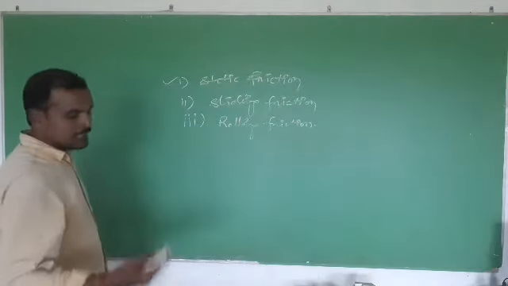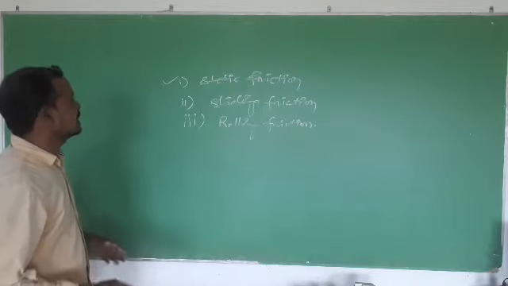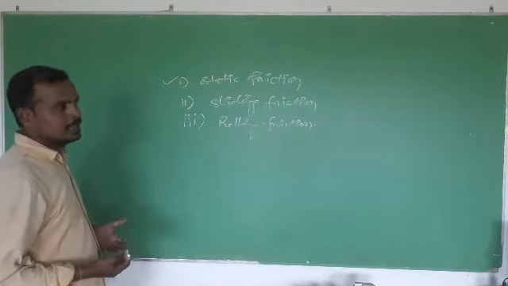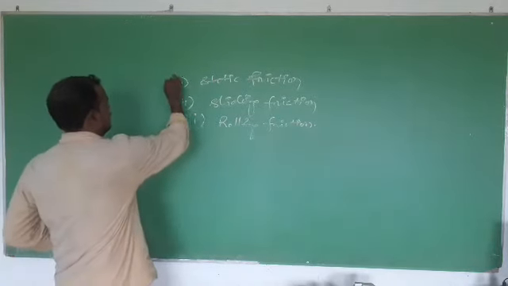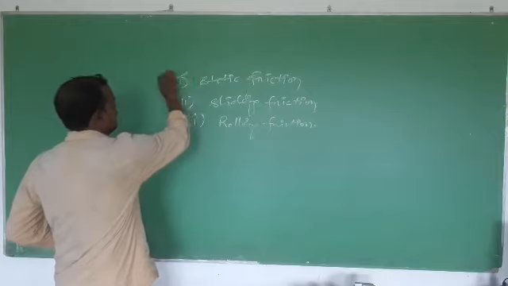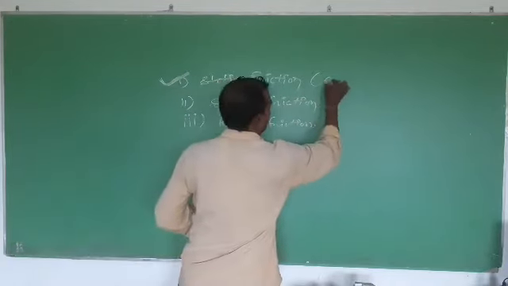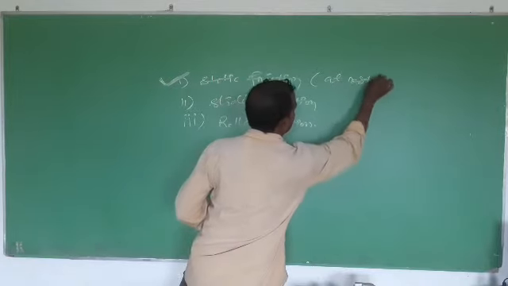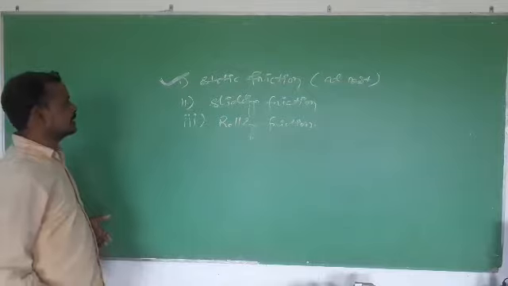So let us discuss first what is static friction. Whenever a body is at rest, the force of friction that comes between the surface of the body and the surface is known as static friction. In this friction the body doesn't move, the body is at rest. And what is sliding friction, students?